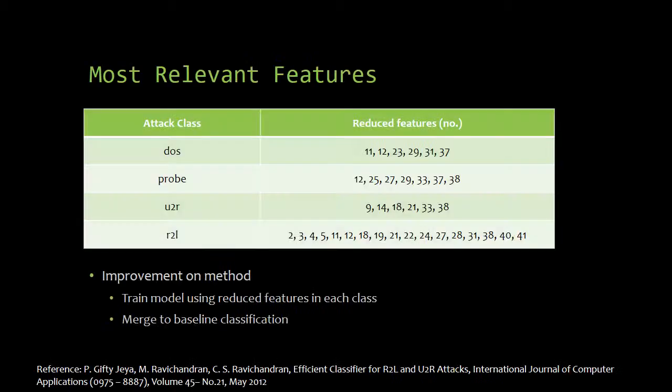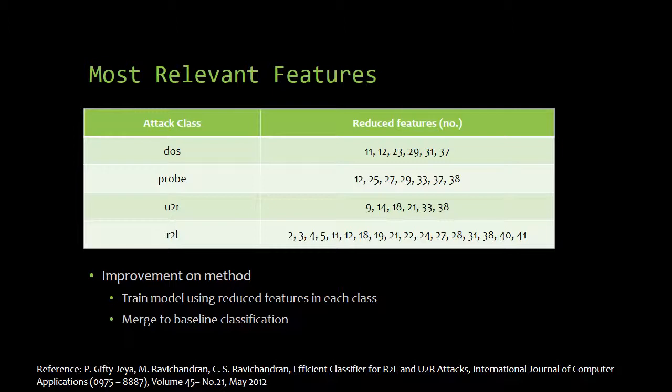So after choosing random forest as my favorite model, I selected some features to improve the performance of the model. From an article I found online, I learned that there are features that are most relevant to certain attack classes. So I tried to train the model using these selected features for each class.